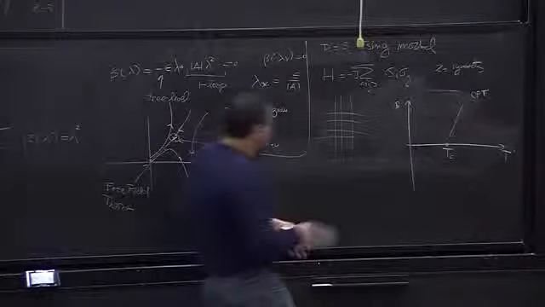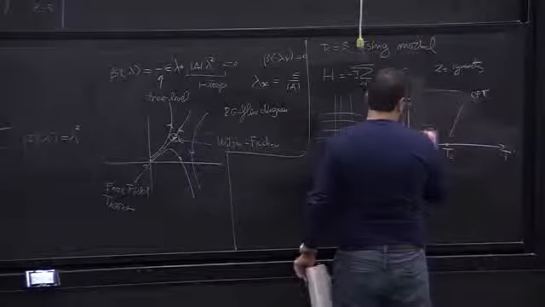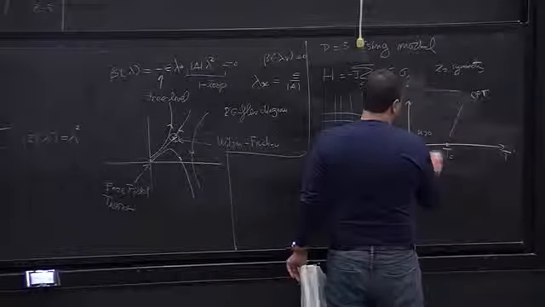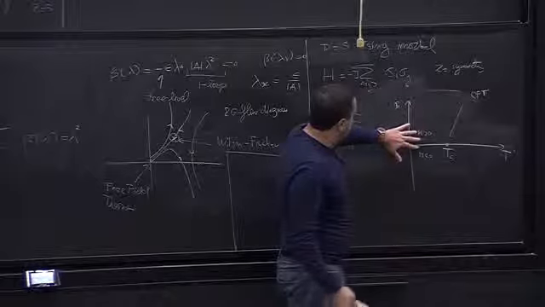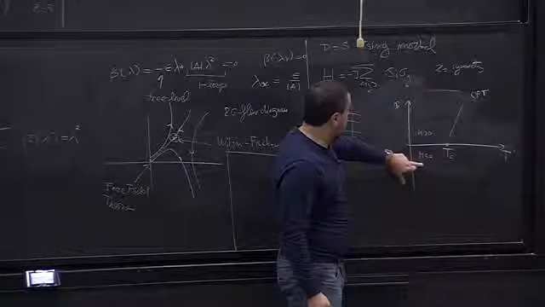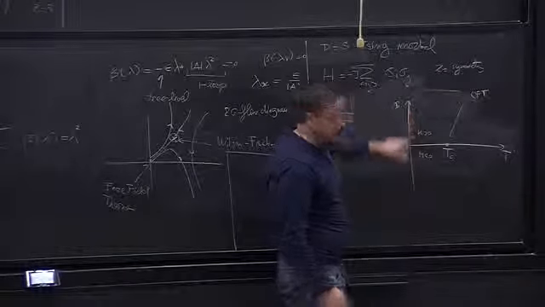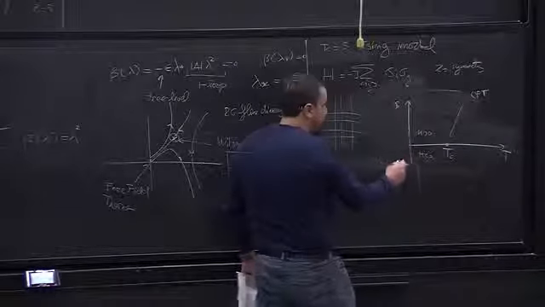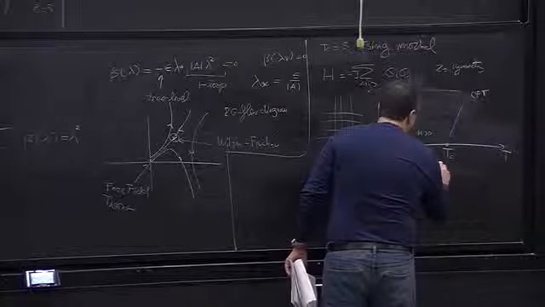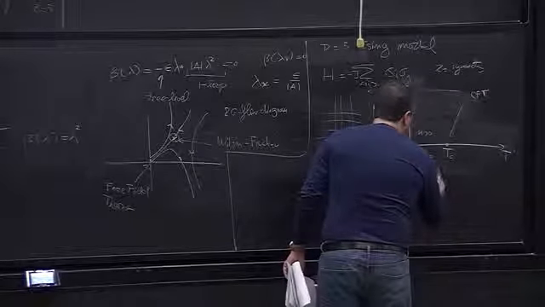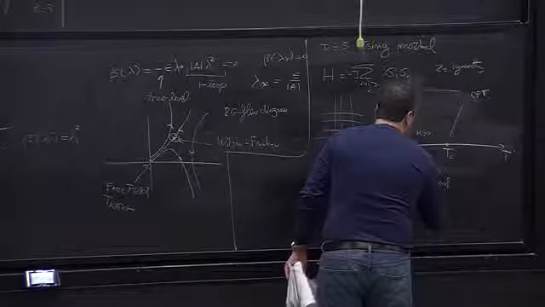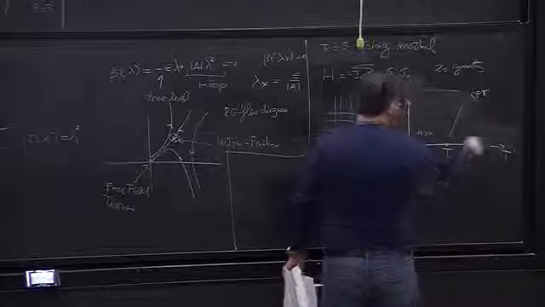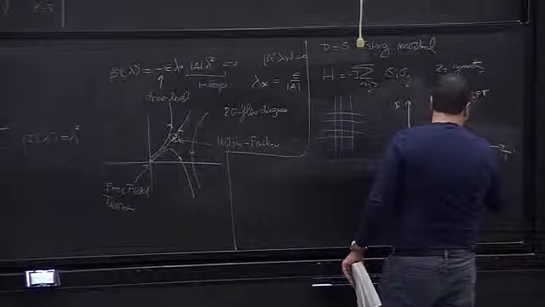At very low temperatures, depending on the value of the magnetic field, you have a first-order phase transition across this line. Since the magnetization takes a particular value, Z2 is spontaneously broken, while here Z2 is preserved.